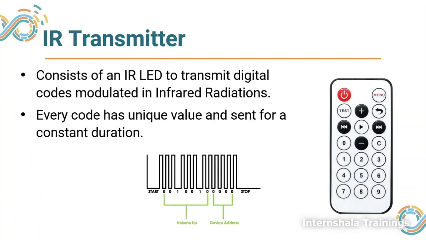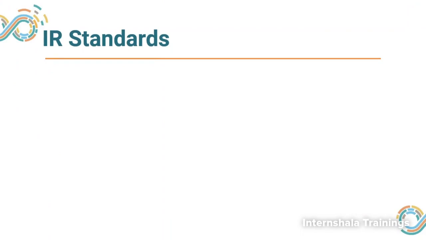If the carrier frequency is 38 kilohertz or 44 kilohertz or anything similar, then the receiver should also be designed to work on the same frequency. There are some IR standards which control the design of all IR based applications.